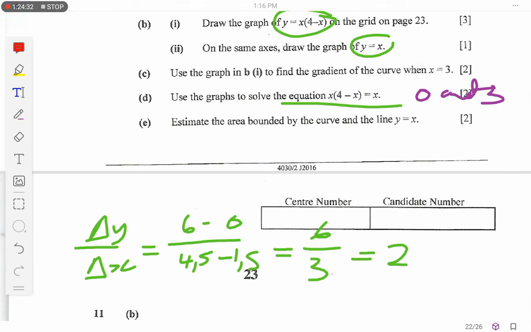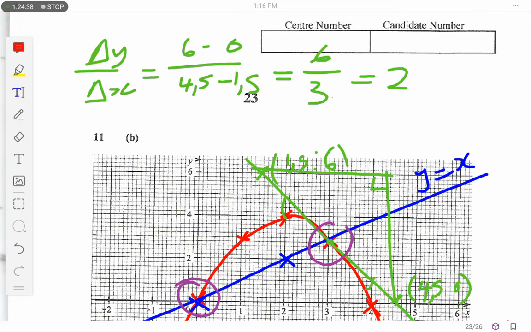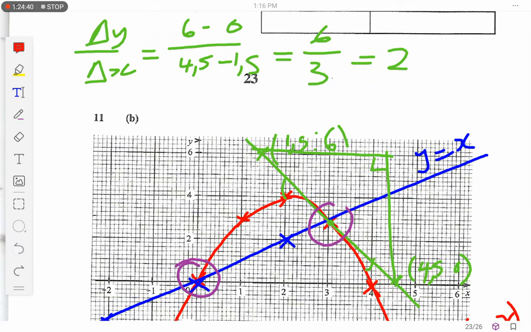Then lastly, estimate the area bounded by the curve y = 4x - x² and the line. For that one, the area that we want is this one here that I'm shading. Normally what we do, you can count boxes, or you can even estimate.